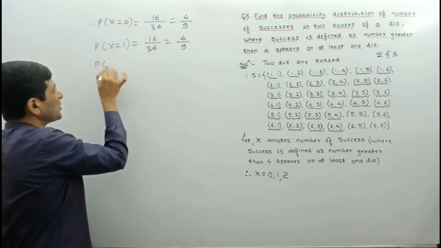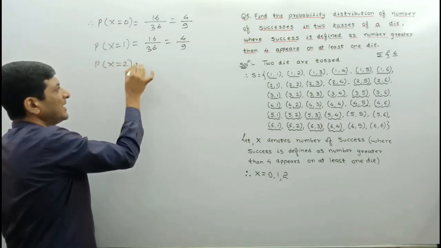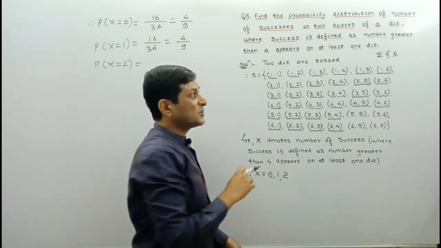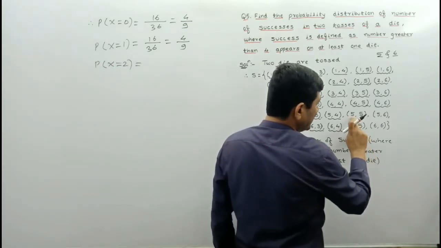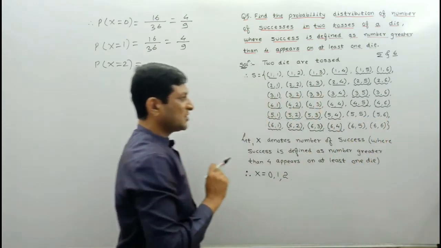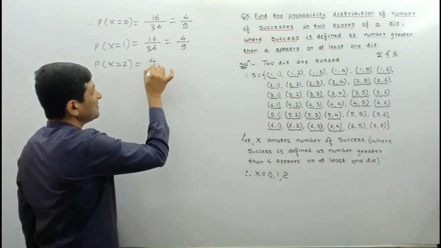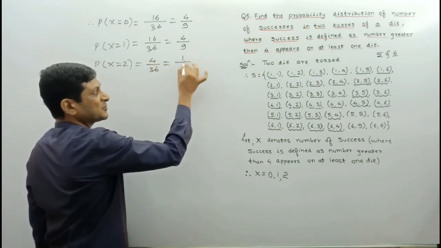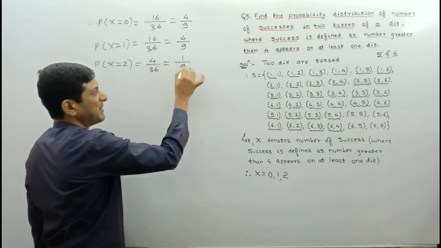Lastly, we are finding probability when x is equal to 2. x is equal to 2 means both the numbers are greater than 4. So both the numbers greater than 4 are here. How many elements are there? 1 2 3 4. So total 4 elements are there. So 4 by 36 will be its probability. Both the numbers are divisible by 4, so in simplest form it can be written as 1 by 9.